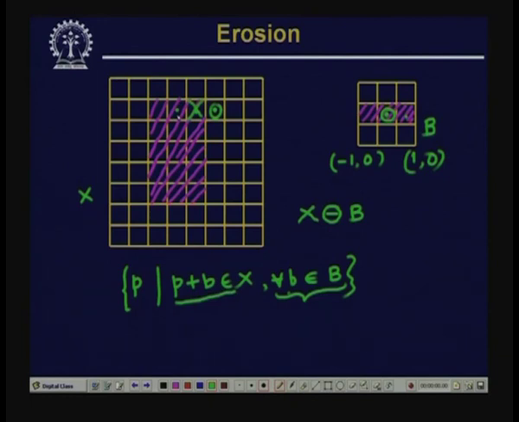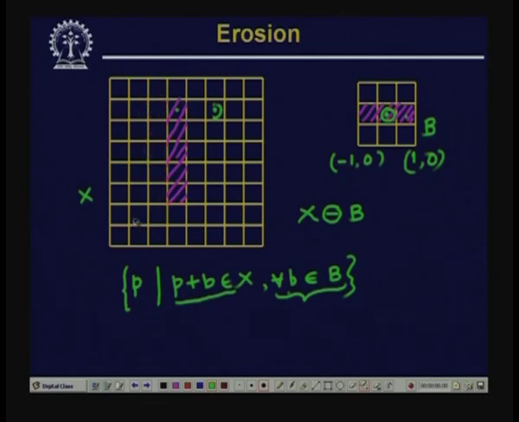And if you continue the same operation for all other points in the given image X, you will find that these are the points which will not belong to the erosion. Similarly, these points will also not belong to the erosion.